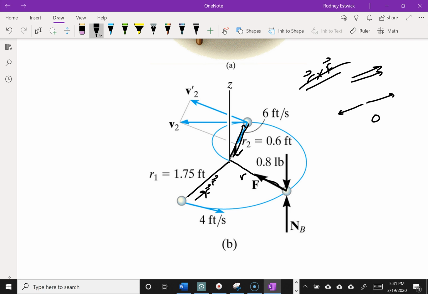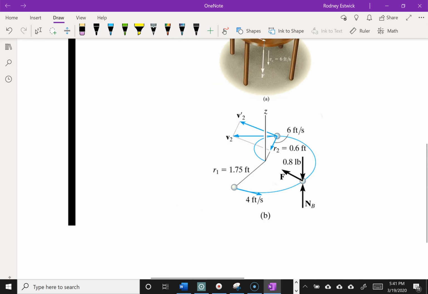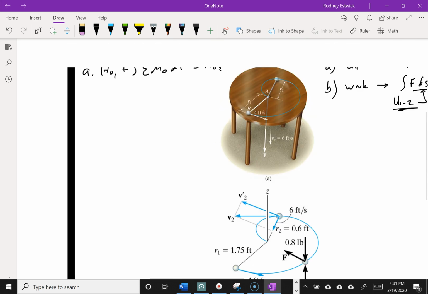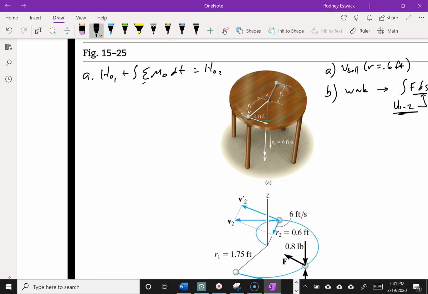So there is no moment from these forces felt by this particle. So we can simplify this equation then, setting this term to 0, and so we're left with the initial angular momentum equals the final angular momentum. So r cross mv1 equals r cross mv2.